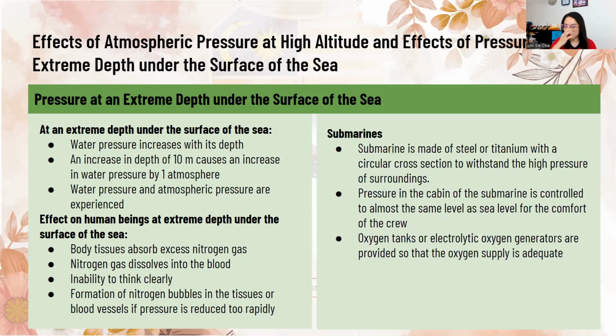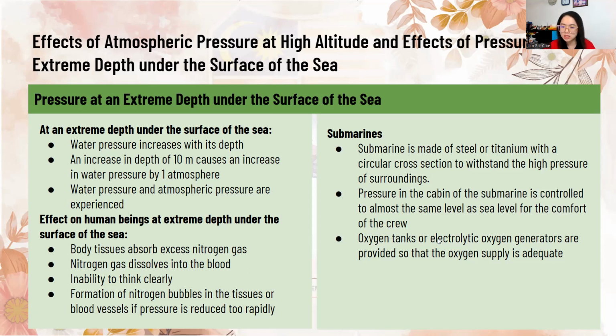Now, how about submarines? A submarine is made of steel or titanium with a circular cross section, bulat, to withstand the high pressure of the surroundings. Pressure in the cabin of the submarine is controlled to almost the same level as sea level for the comfort of the crew.